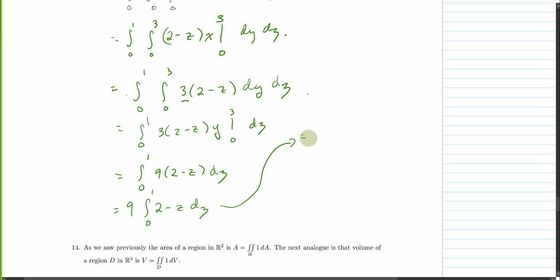So anyway, this would give us 9 times (2z minus 1/2 z squared), evaluated between 0 and 1. And so we've got 9 times (2 minus 1/2). And then we'll just put minus 0.